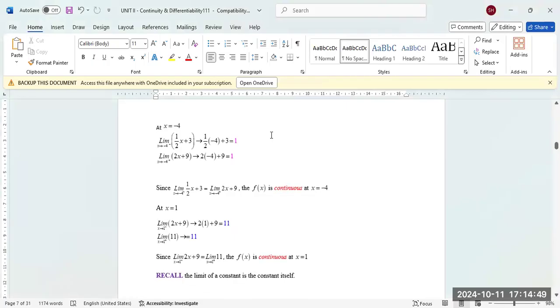Are we okay? Did everybody get it to be continuous at x equals -4 and x equals 1? Yes, sir. Nice. Is there anybody in the class that did not get it? Sir, I have a question. Go ahead.